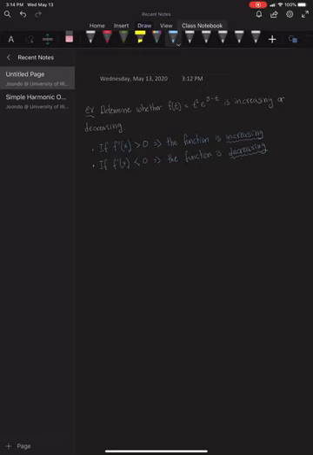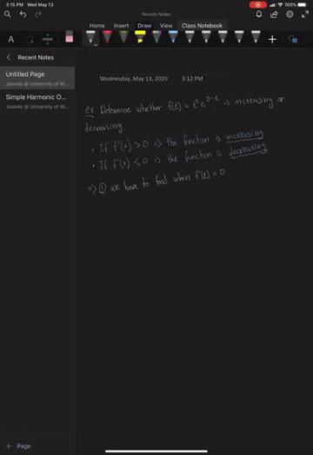So to find whether it's increasing or decreasing, we have to first find when f prime of t is 0. So let's do this.